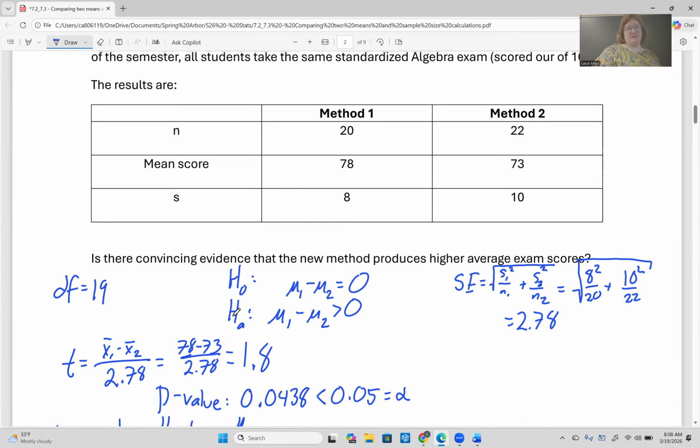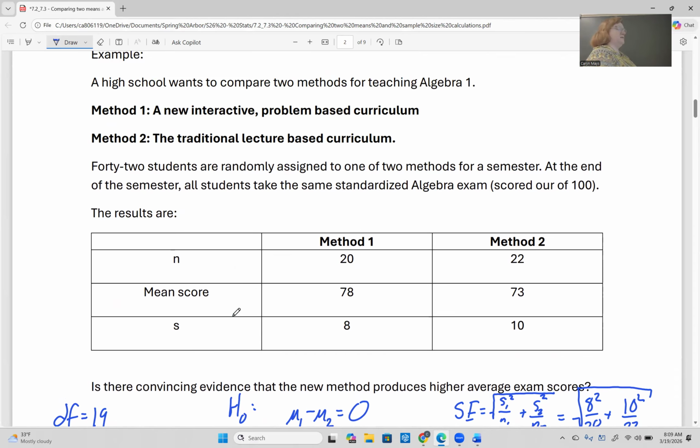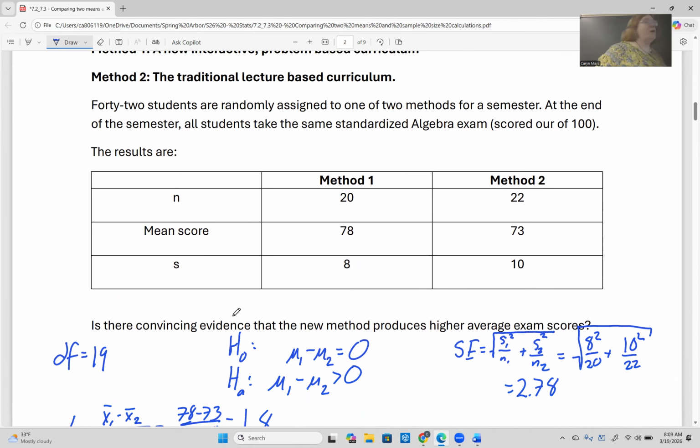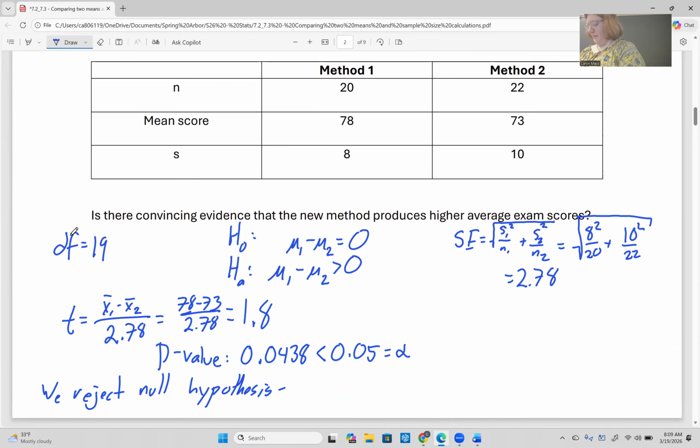Specifically, there's a way that the two methods tend to lean. Which one's better? Method 1. Yeah. Since our alternative hypothesis was one-sided, we're seeing the one that's bigger is the better. So method 1 is a better method. Method 1 produces higher test scores.